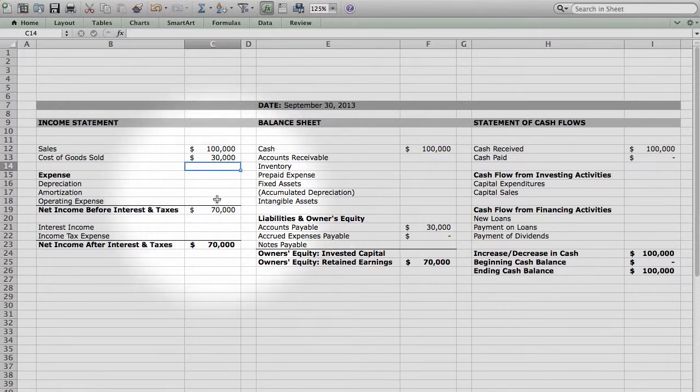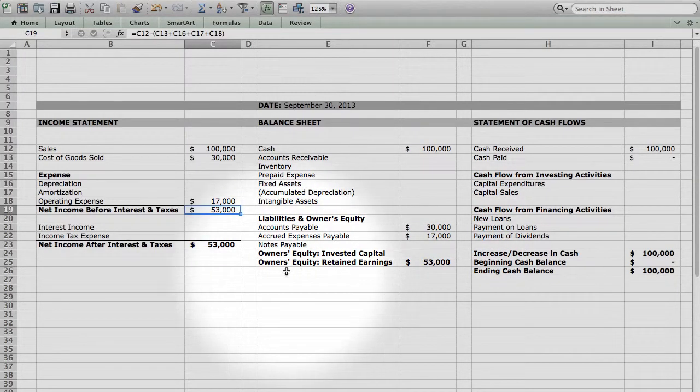Now let's assume you had some operating expense too, and let's just say that that was things like wages, right? And you hadn't paid out those wages yet. Things that you estimate you owe money for, but for which you haven't received an invoice, go into the accrued expenses payable bucket. That would be things like the payroll. So your $30,000 cost of goods sold becomes $30,000 accounts payable. $17,000 in wages becomes accrued expenses payable over here in the balance sheet.